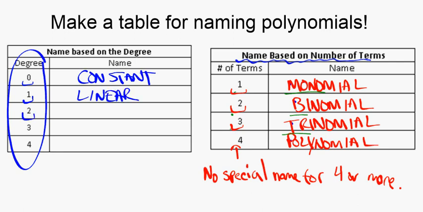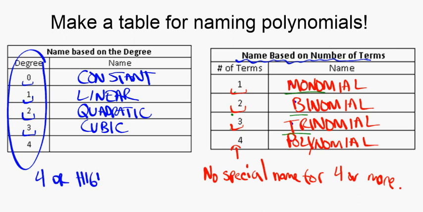If the degree, your largest exponent, is 2, we call it quadratic. If the degree is 3, your largest exponent is 3, then we call it a cubic. And then if the largest exponent is 4 or higher, I'm not asking you to memorize those.